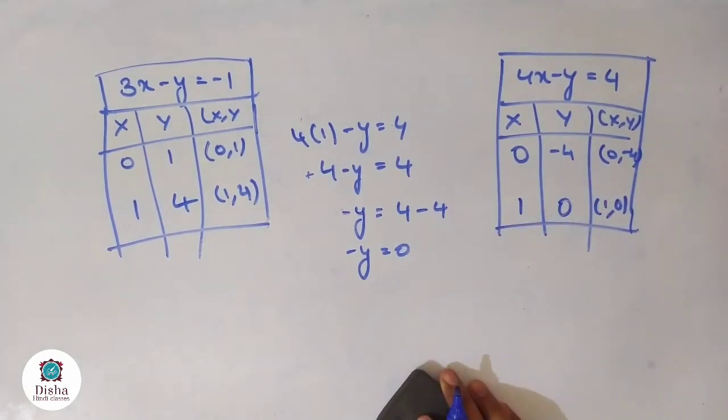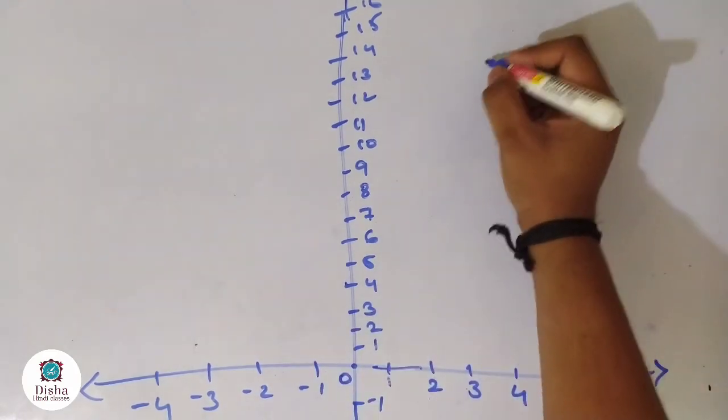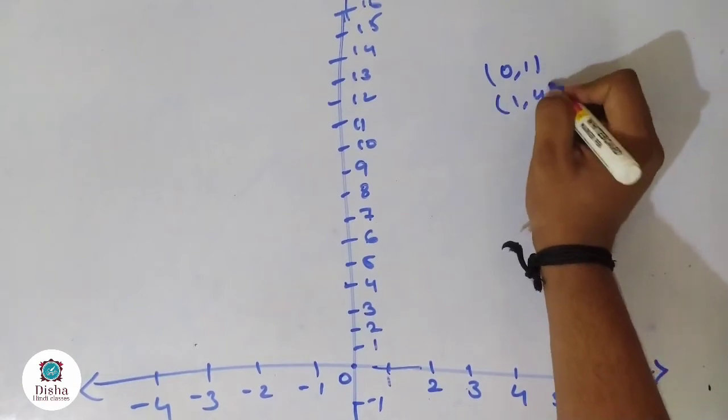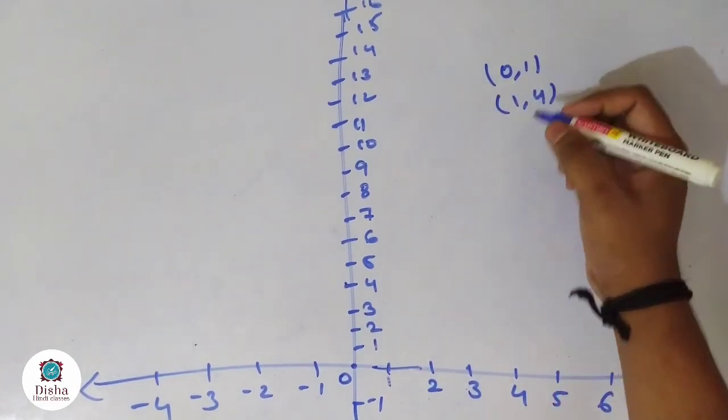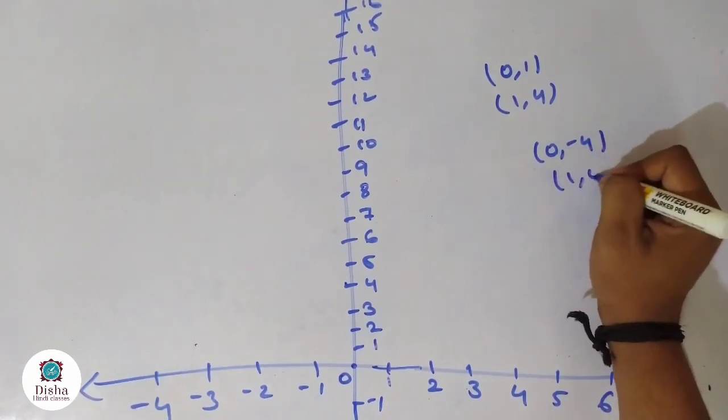Now let us draw the rough graph, not the actual one, but a rough one. Here we got our rough graph. The points we got for the first equation were 0, 1 and 1, 4, and for the second one 0, minus 4 and 1, 0.